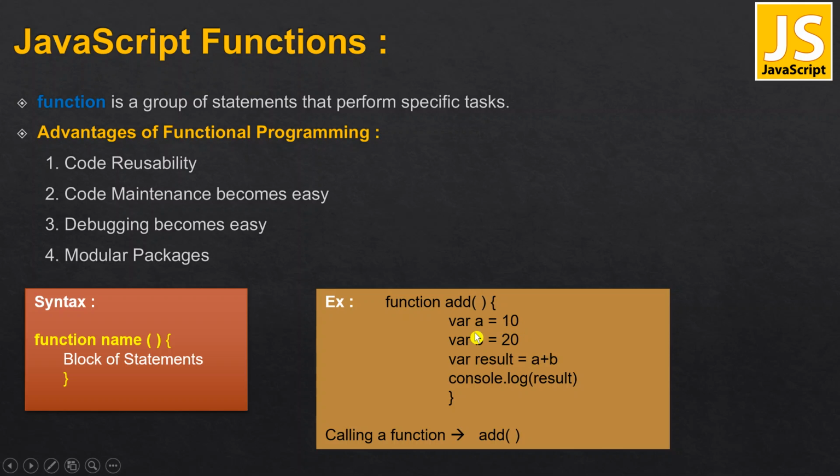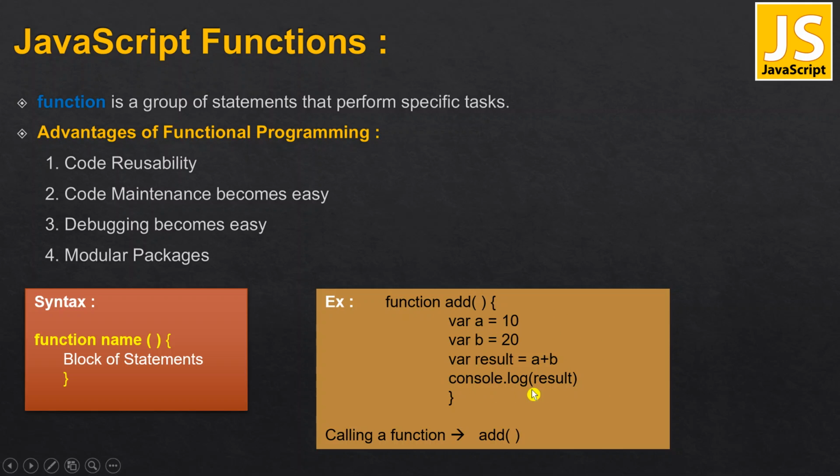If you want to perform addition with some different numbers, here it is 10 and 20. Every time you call this name, this 10 and 20 will be added and the result will be displayed as 30. Any number of times you call this function, the same result will be displayed and the numbers won't change, because we hard coded this code block.